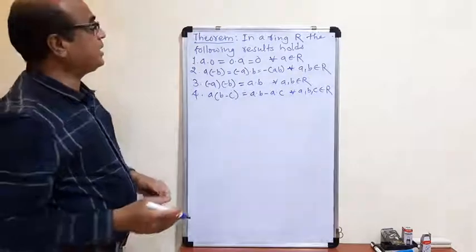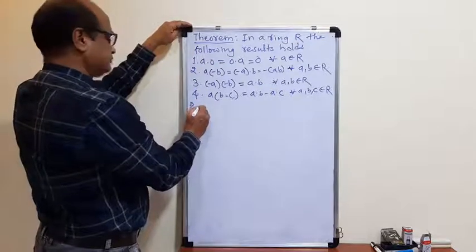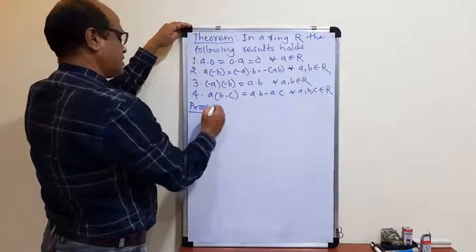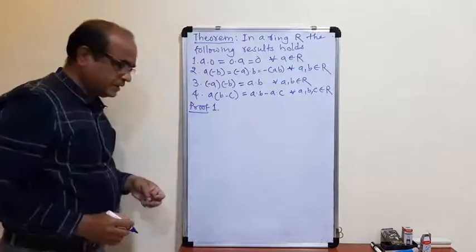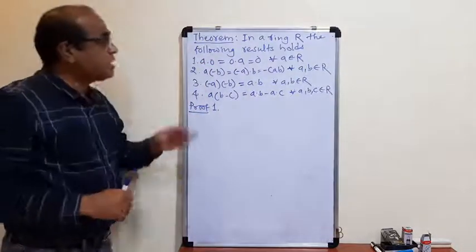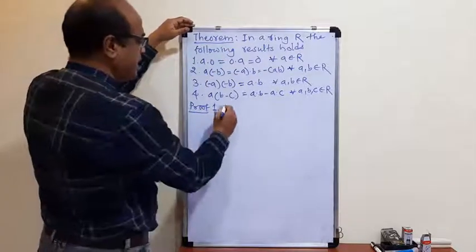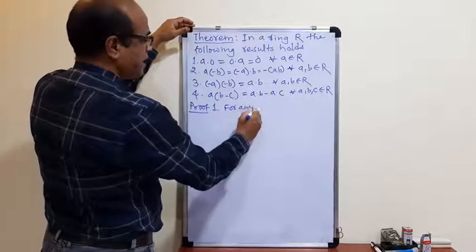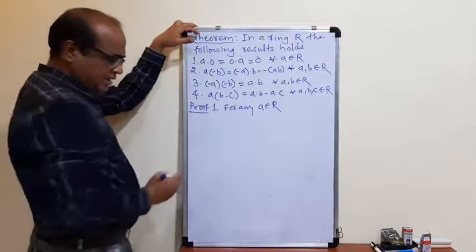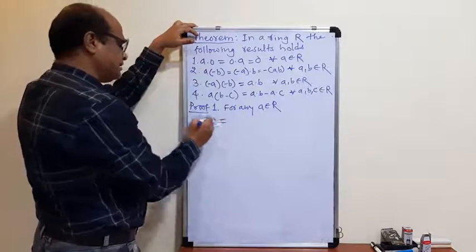If R is a ring, then prove these results. So what is the proof? Result 1: A into 0 is equal to 0 into A is equal to 0 for all A belonging to R. For any element A belonging to R, let us consider A into 0.